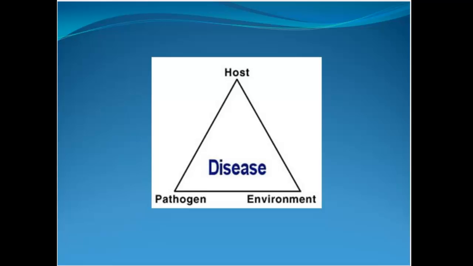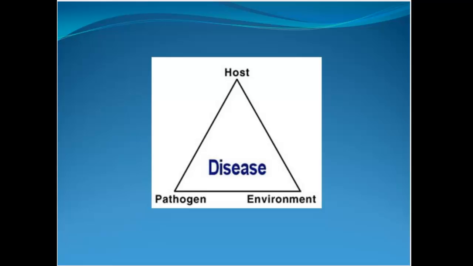So what kinds of things are required for disease to be present? Well, there are three factors that must be present in order for us to have plant disease. Those three factors are illustrated in this triangle right here. We have to have a susceptible host, we have to have a virulent pathogen, and we have to have the environmental conditions that are conducive for disease development.